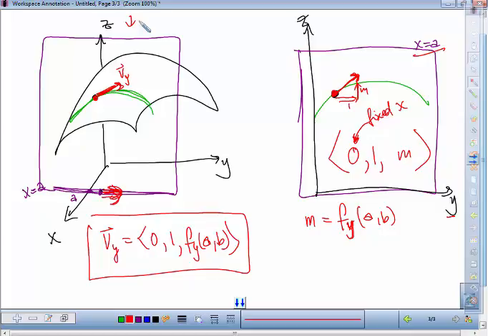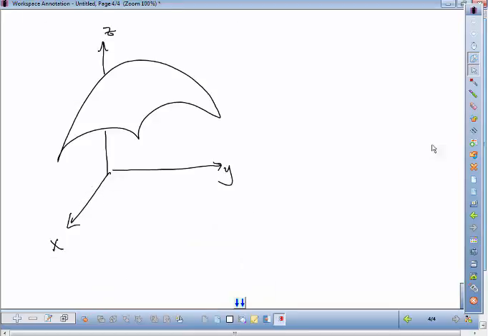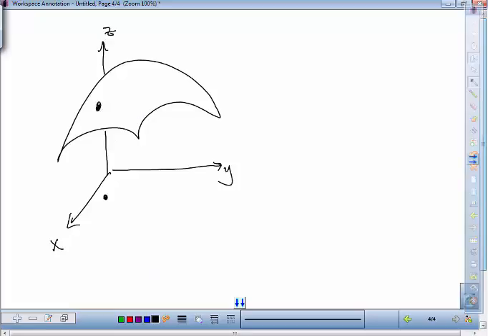All right. Let's put it together. Change the colors. We're going to have the Vx vector in blue.